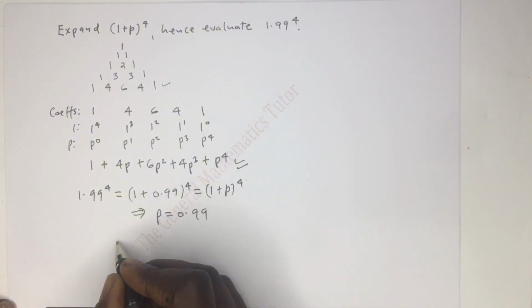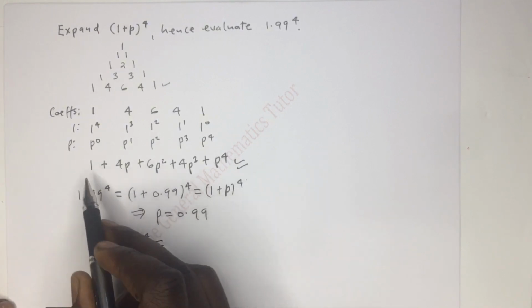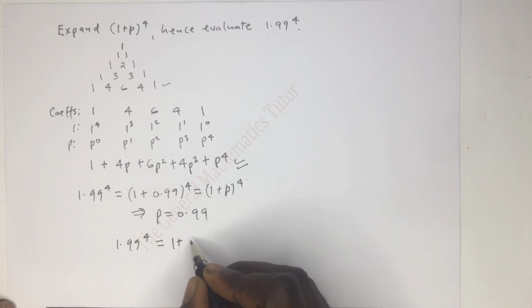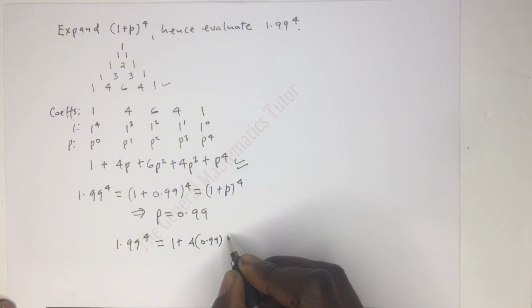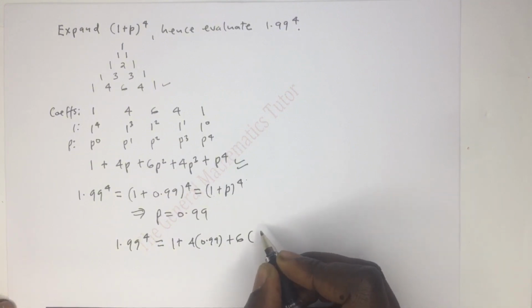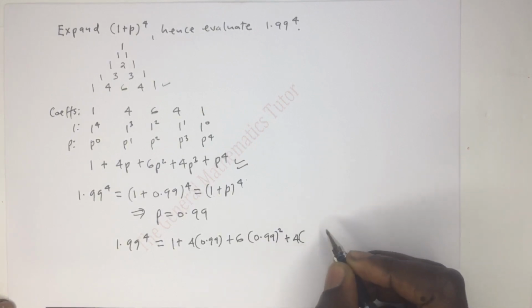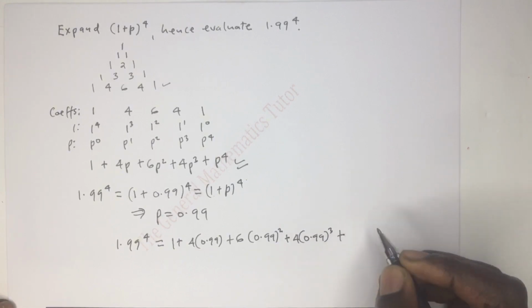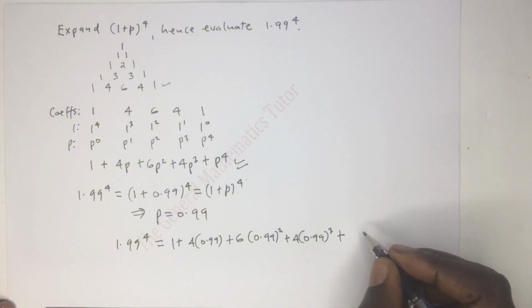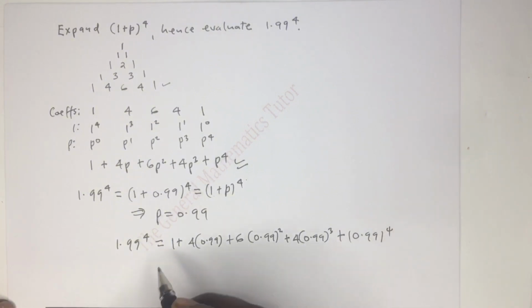We're going to have that 1.99 raised to the power 4 is the same as 1 plus 4p, that is 4 into 0.99, plus 6p squared, that is 0.99 raised to the power 2, plus 4p cubed, that is 0.99 raised to the power 3, plus p raised to the power 4, that is just 0.99 raised to the power 4. So we can simplify this.